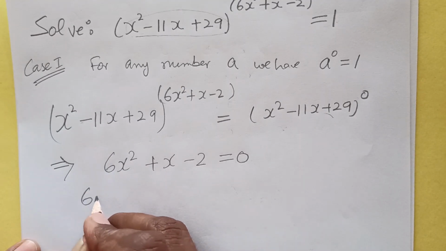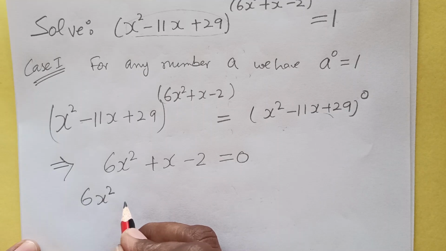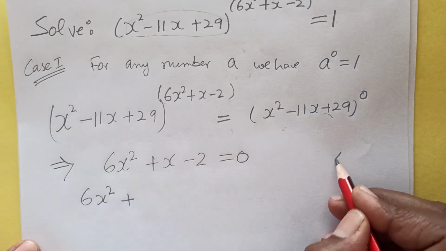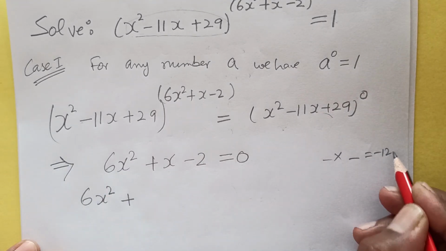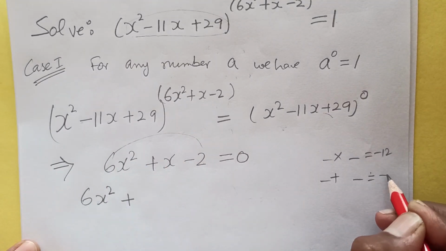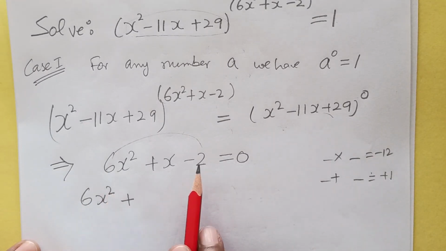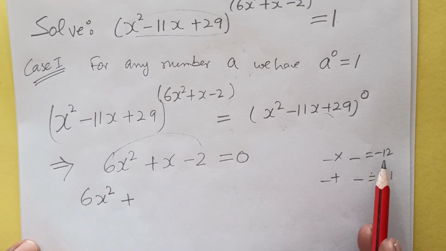So 6x squared plus, we need something that gives you, when you multiply, minus 12, and when you add it gives you positive 1, right? So we may have 6 times 2 is 12, that is 4 and 3.